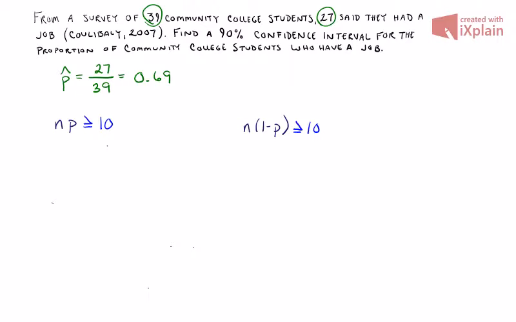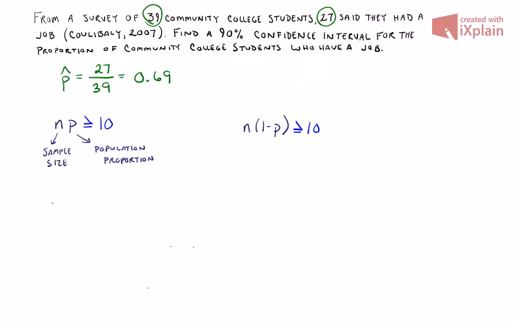So to continue with this work, n, if you recall, deals with sample size. P is going to be our population proportion. So we run into a little bit of a snag here because we don't have a population proportion in this particular problem.